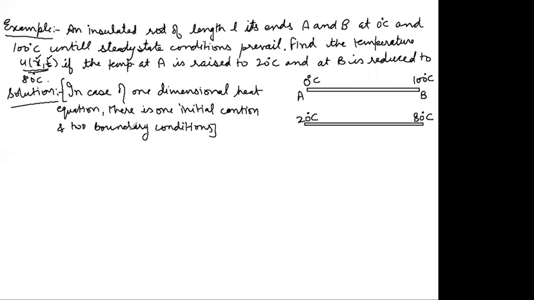Now, the initial condition. Initially means at time t equals 0, and I told you this also, that we can find the temperature function. Look, 0 is the temperature at the first end, plus 100 minus 0, the total temperature difference, upon the total length of the rod, into x, because it is uniformly distributed.